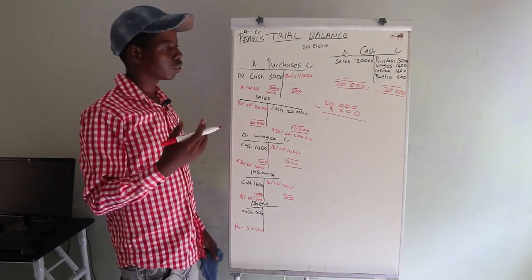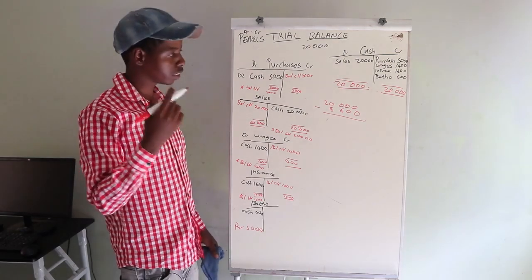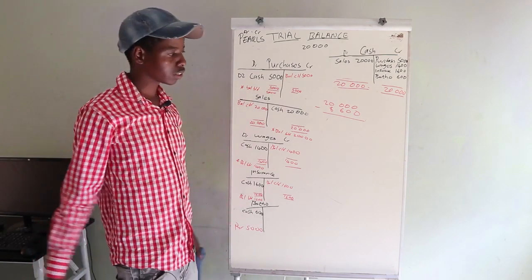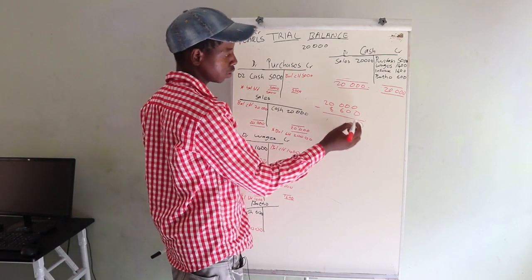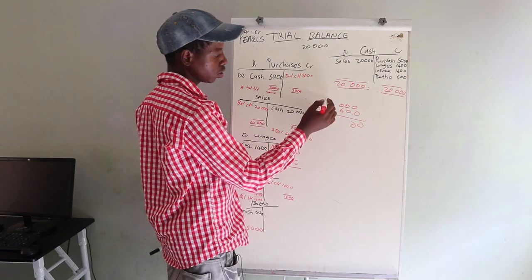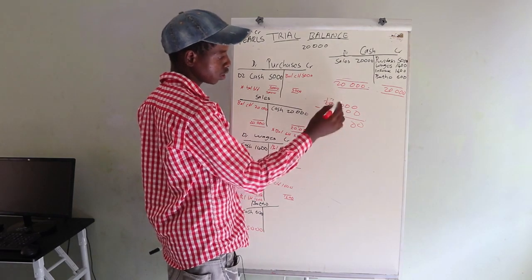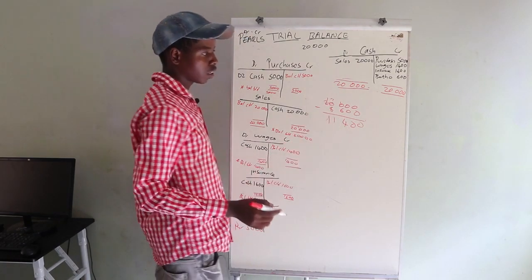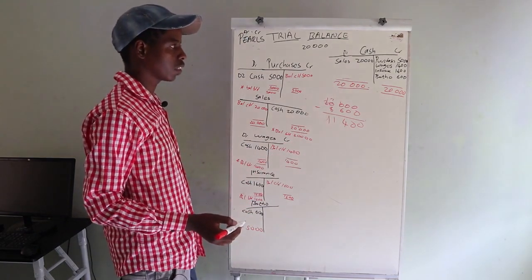So we want that number that when you add it to 8.6 gives us 20,000. So that's why we're subtracting: 11.4, right?